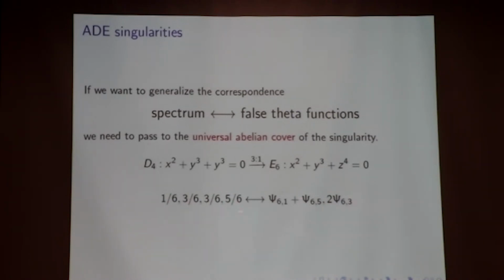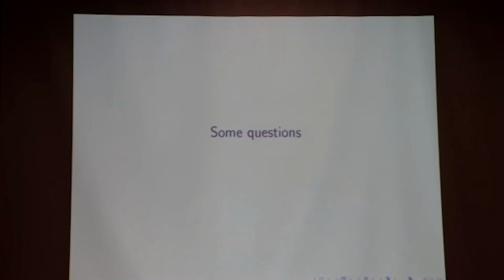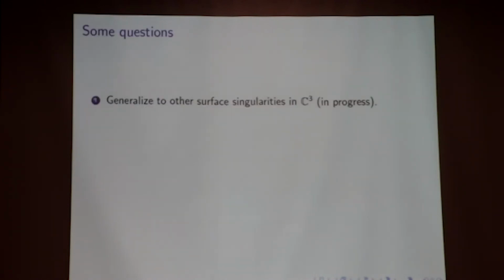Here it works nicely, but there I still don't understand it, and the universal cover has high multiplicities. So I hope that it will work at least for some more general singularities. But in general, it might not work. We might have to take something more refined than just the universal abelian cover.